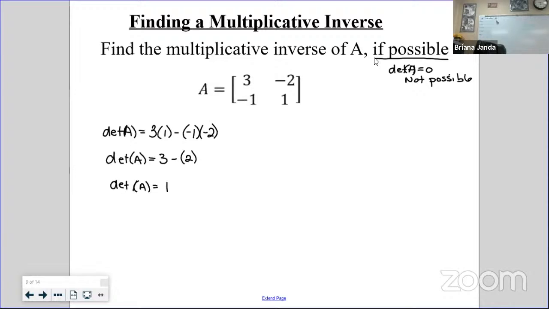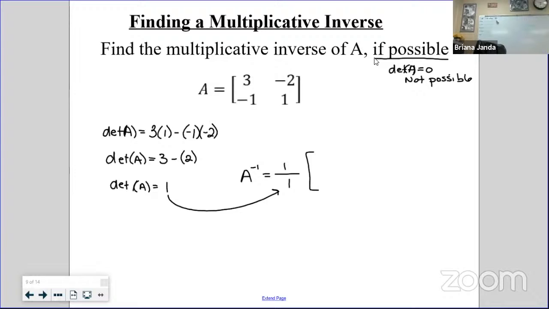and it looks like we're getting a determinant of 1 that we can do. Okay, so now I take that determinant, and to find my inverse, I'm going to do 1 over that determinant, which was 1. And then remember how we're going to alter where these are or how they look.